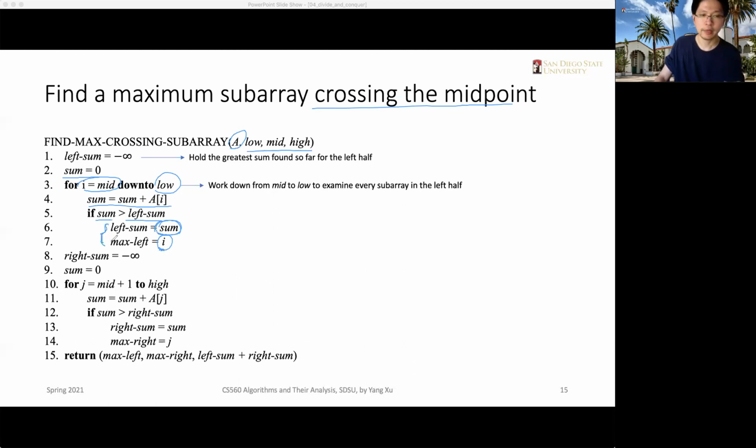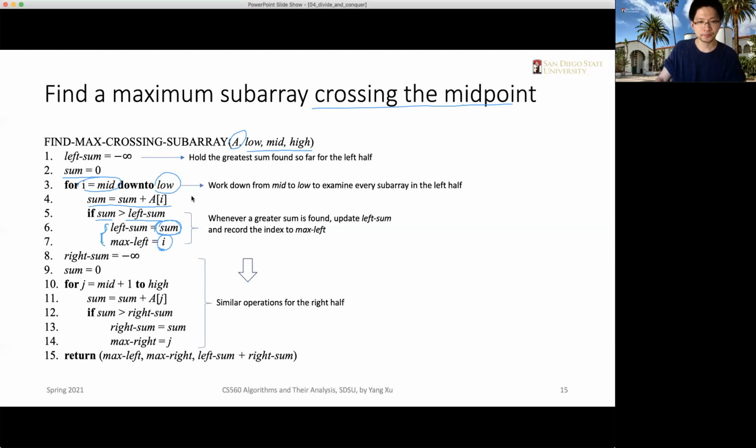And to the right, we'll do the same thing. We will use the right sum and the max right variable to mark the maximum summation for the right part and the corresponding right index.